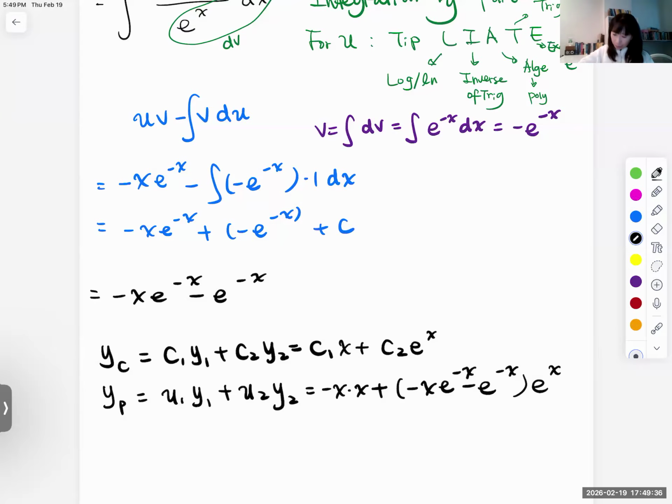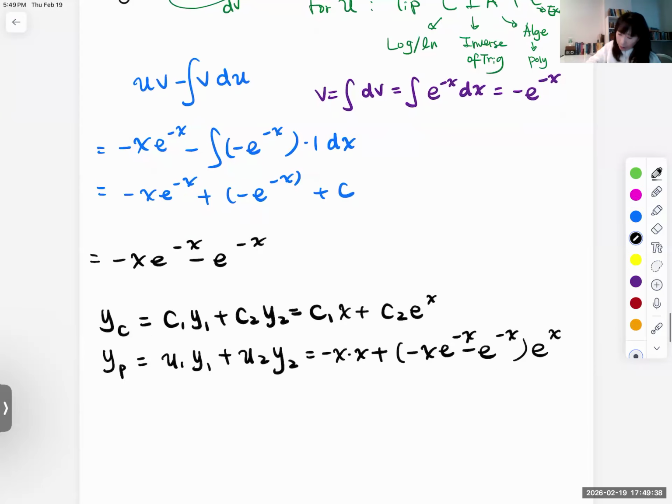Okay, then let's simplify. So negative x squared. Oh, we multiply. Then we get, look, this one, we have a negative x.